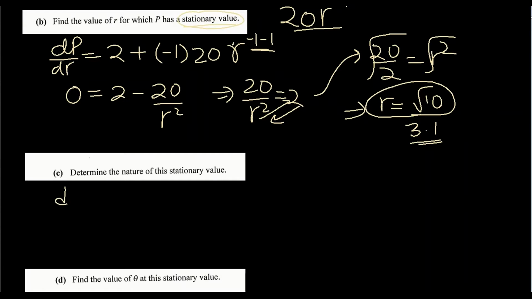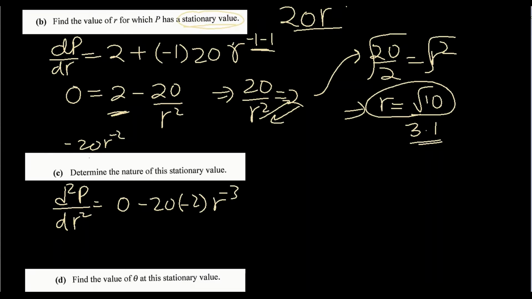To find the nature, we always differentiate once more. The second derivative, d squared p over dr squared: differentiation of 2 is 0, and differentiation of minus 20 r to the power minus 2 is minus 20 times minus 2 r to the power minus 3.